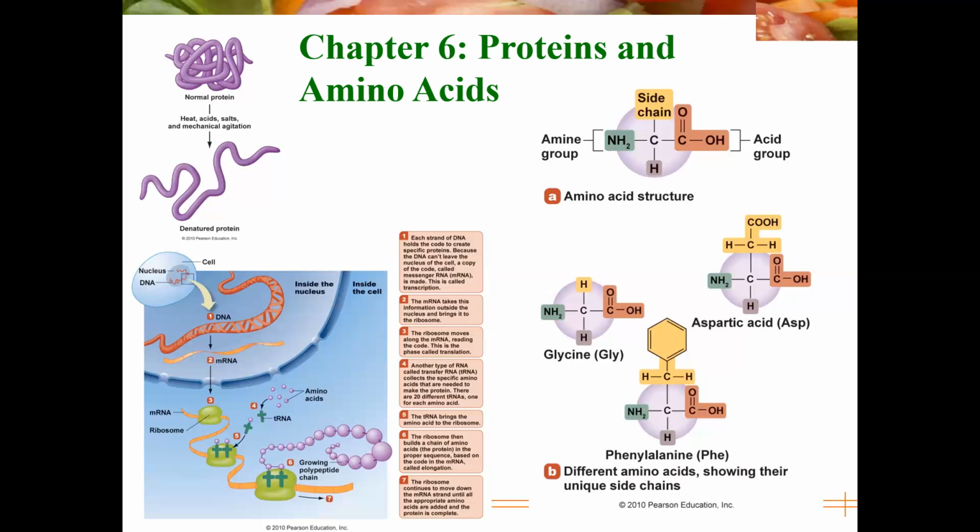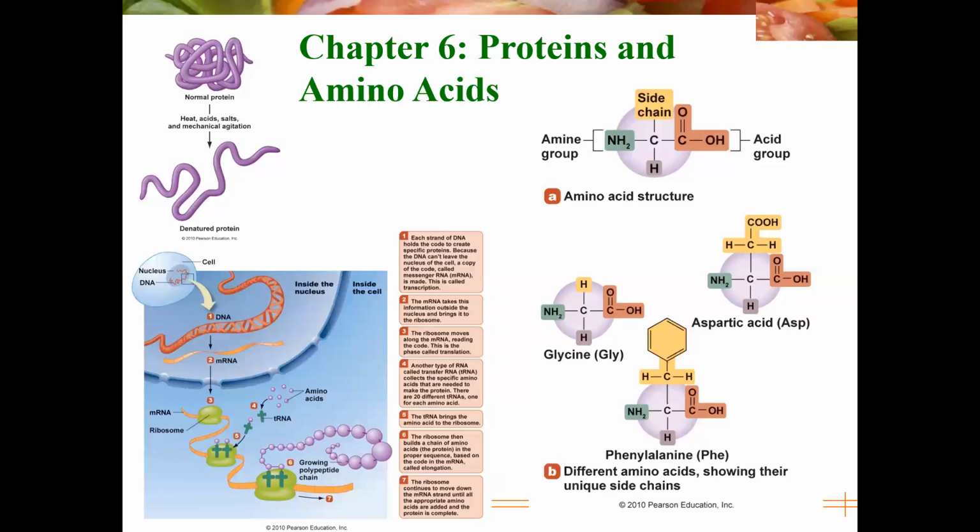So also outside the living system, a three-dimensional structure of proteins can be lost.